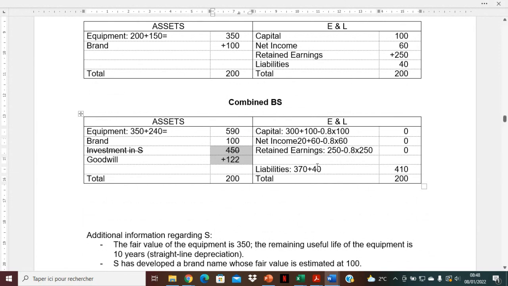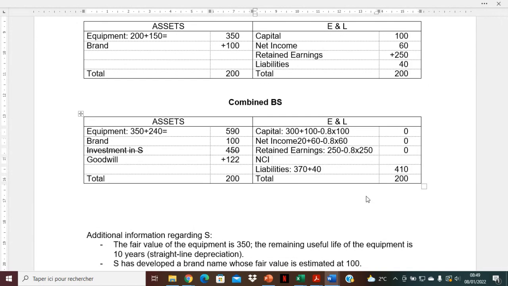All right, and in the last step now, we need to recognize non-controlling interest, because remember, we have 20% of other shareholders. Calculation of non-controlling interest is, at least in the acquired goodwill method, always easy, because you take just the fair value of equity of the subsidiary. So these are the three amounts, and 20% of that.